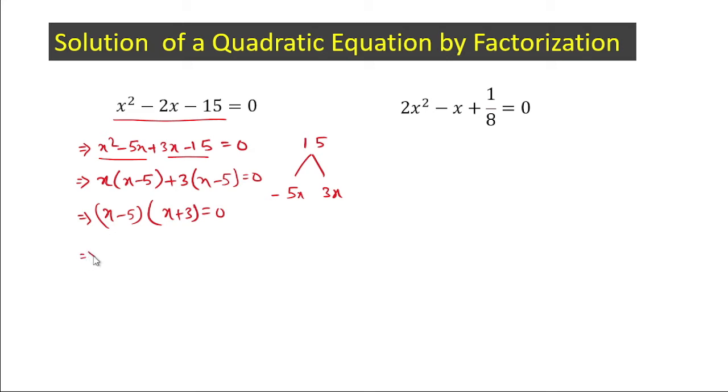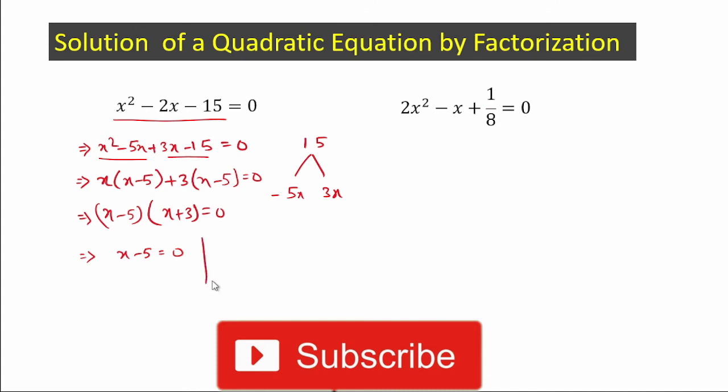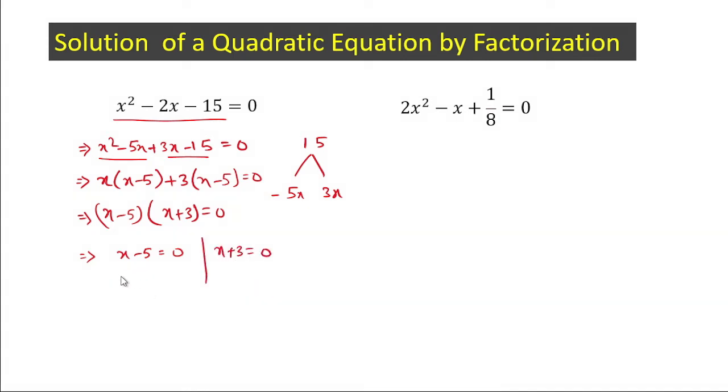So we can write x minus 5 is equal to 0 and x plus 3 is equal to 0. Here x is equal to 5 and here x is equal to minus 3. So the values of x are 5 and minus 3.